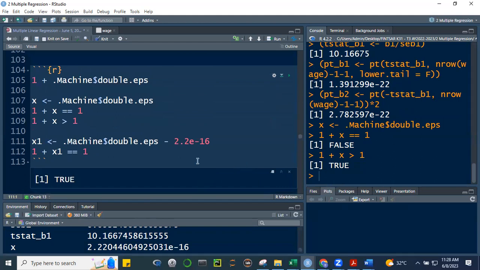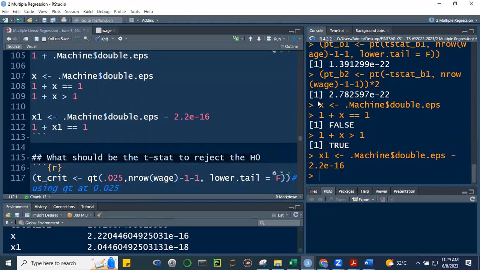Now, let's generate another number, X1. X1 is the smallest number, and then I subtracted a small number from it, 2.2e to the minus 16. If I generate that number X1, and then add 1 plus X1, is it equal to 1? Let's test. You can see the difference between the first one and the second one.